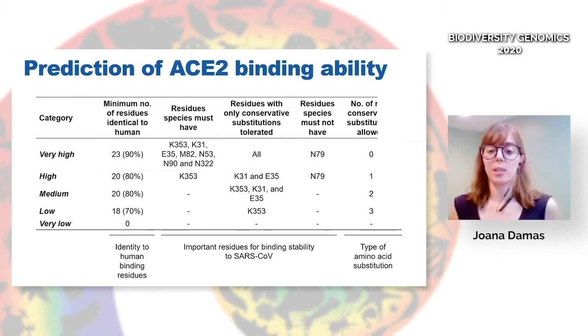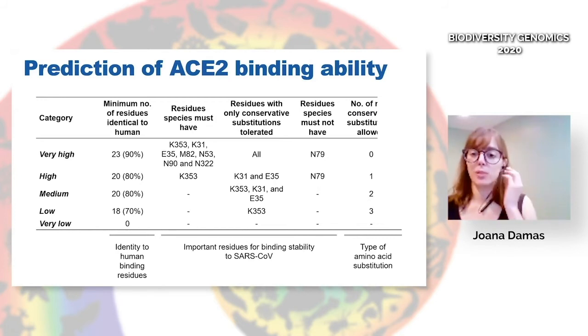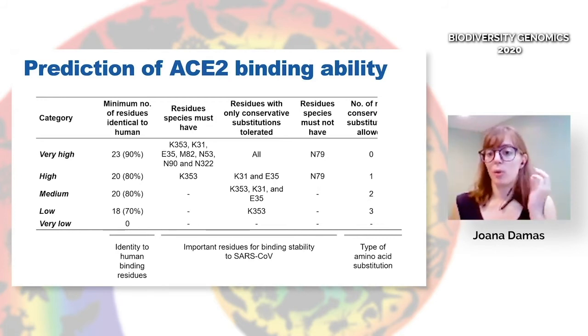That was the data we had available when we were doing this work. We also took into consideration the colorings from the previous matrix, so which type of amino acid substitution was present in each of the positions.